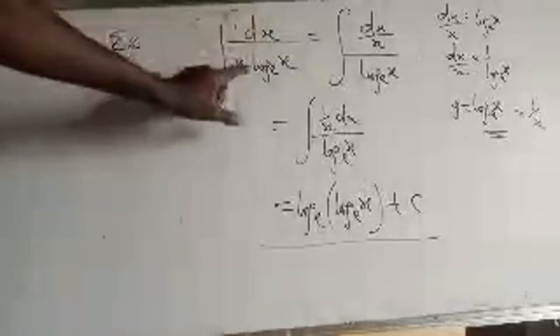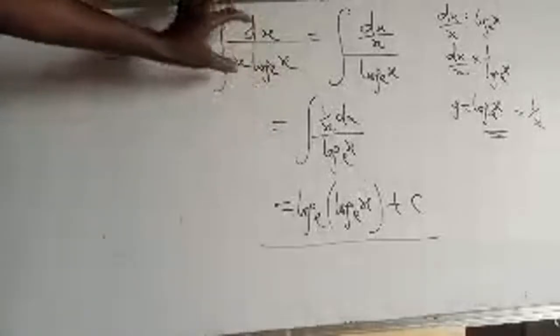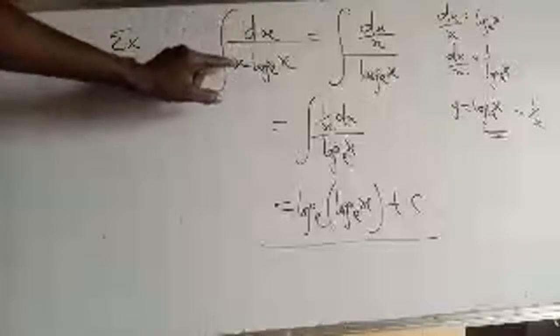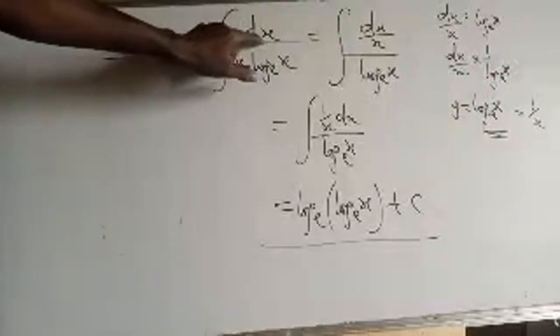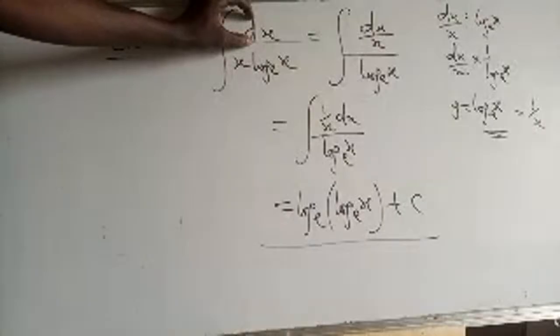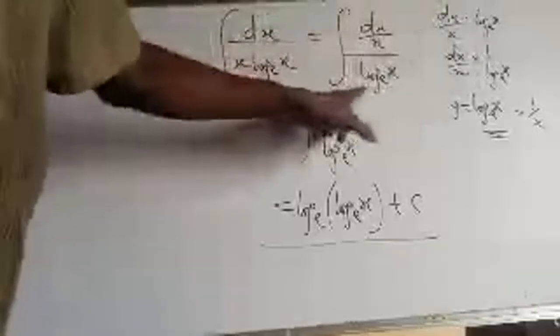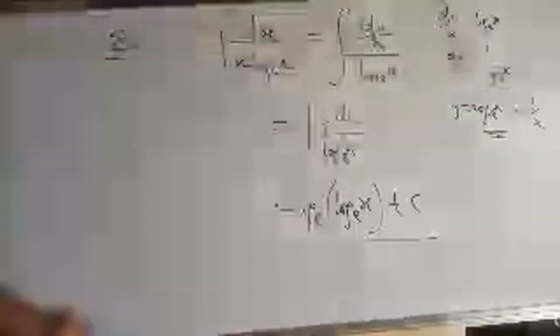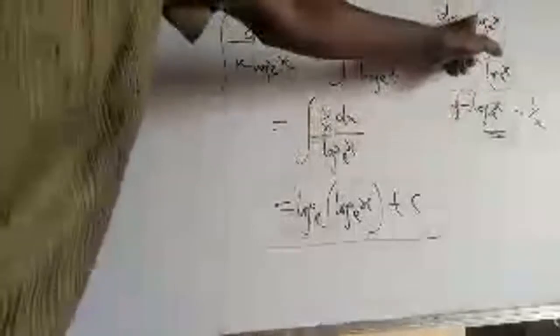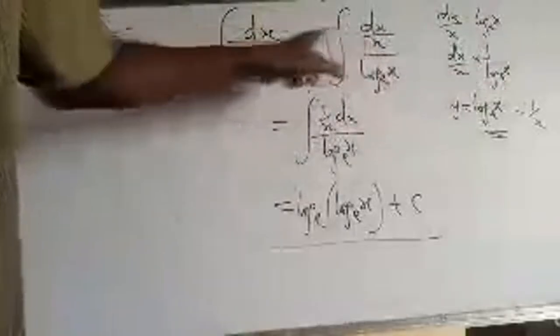This is the question: dx all over x log x base e. You can write this as dx over x all over log x base e, by bringing your x here as a numerator for this differential constant. Dividing by this means multiplying by 1 over this, so if you multiply back, it gives you dx times 1, which is dx, all over x times log x base e.